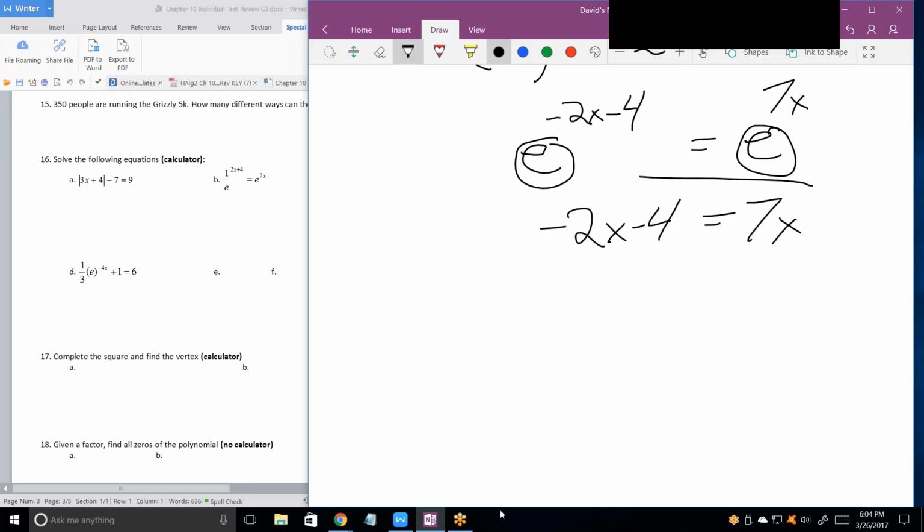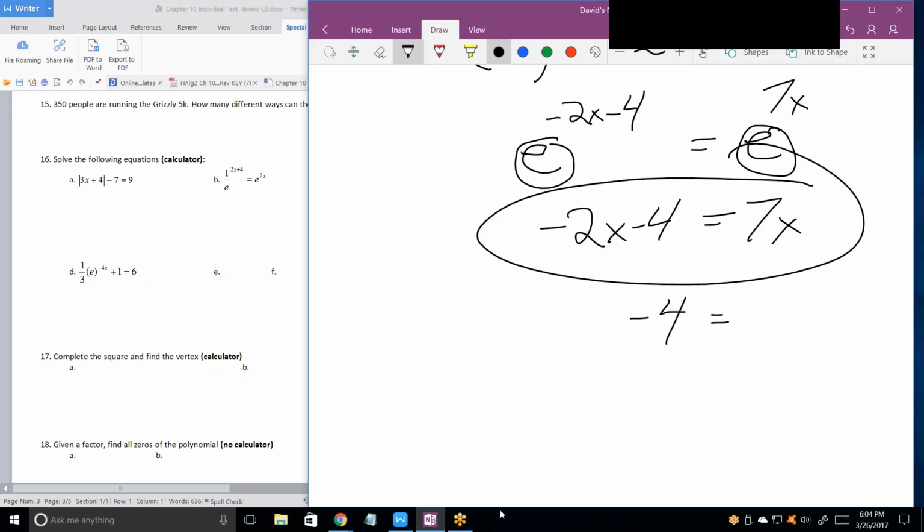Now solve this. You add 2x to 7x. Just read the next line to me. Negative 4 equals 9x. And now the final line. X equals negative 4/9. Got it.